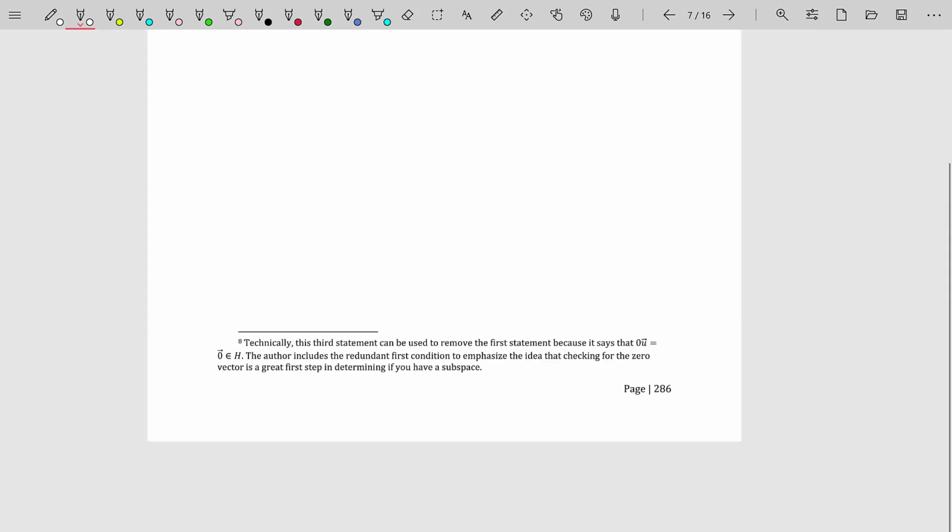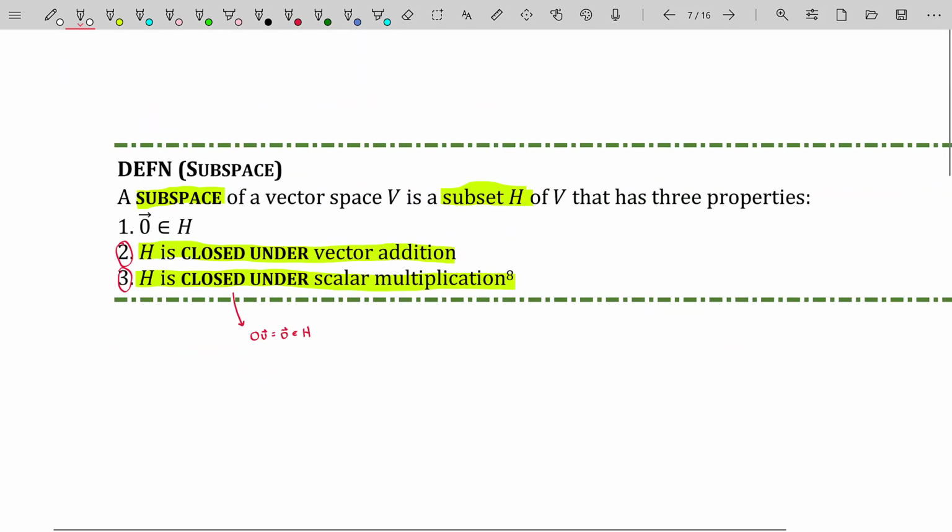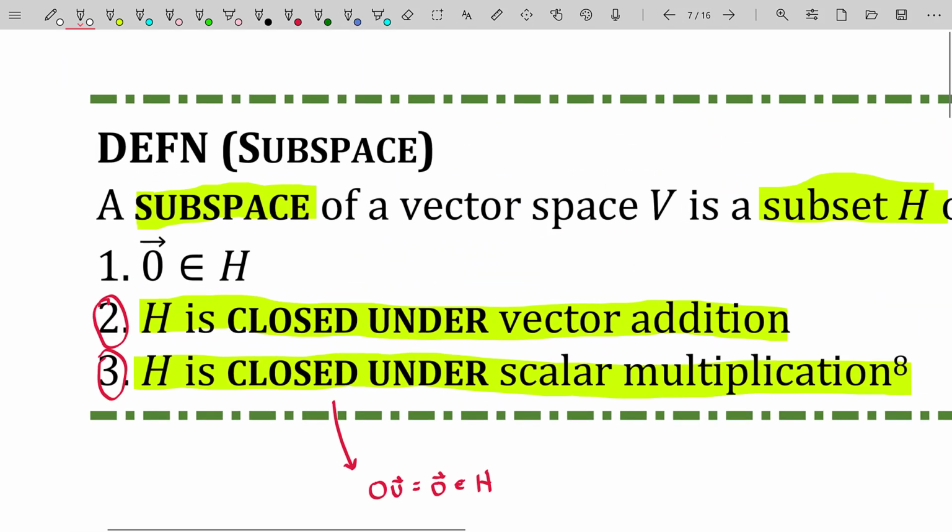One other thing I want to mention here before we walk away from this definition is that whenever somebody hands you a subspace, it has to be a subspace of some other vector space. So nobody's going to say, hey, I have this subspace K, without following up by saying, oh, by the way, that's a subspace of this vector space L or something like that.